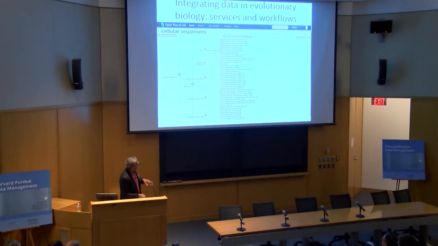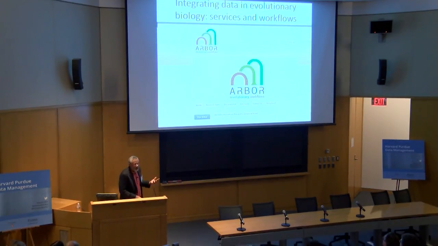It allows you to zoom in, traverse the tree of life in its entirety, and ultimately to connect to a variety of databases that yield either the kind of genomic information I showed you on the previous slide or other kinds of information.